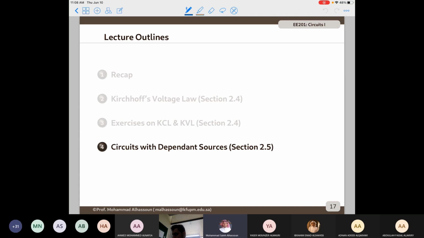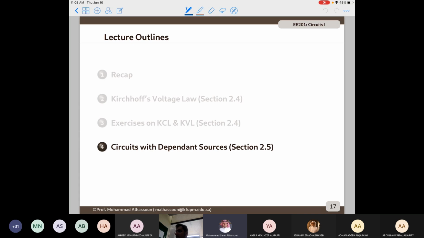This is the last part of chapter 2, and so far, if you recall from the beginning of the chapter, we classified sources into 2 types: independent sources and dependent sources. And all of the problems that we solved so far, we've never encountered a dependent source.